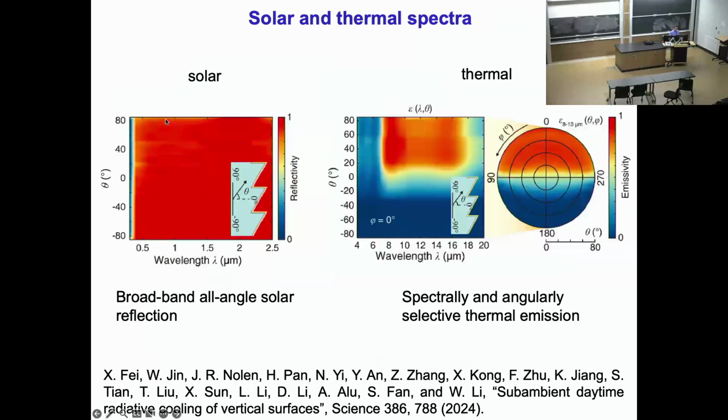If you look at the solar side of the reflectivity as a function of both angle and wavelength, it's broadband and all angle, as you need for radiative cooling. On the thermal side, you see strong thermal radiation only in the angle pointing to the sky and only in the wavelength range between 8 to 13 microns. So that satisfies the criterion for vertical surface sub-ambient radiative cooling.